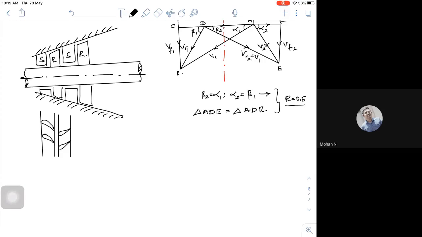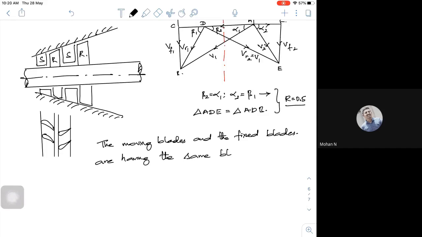So, what did Parsons actually propose? He proposed that the moving blades and the fixed blades have the same blade cross section, or the same blade sections, we can call it.